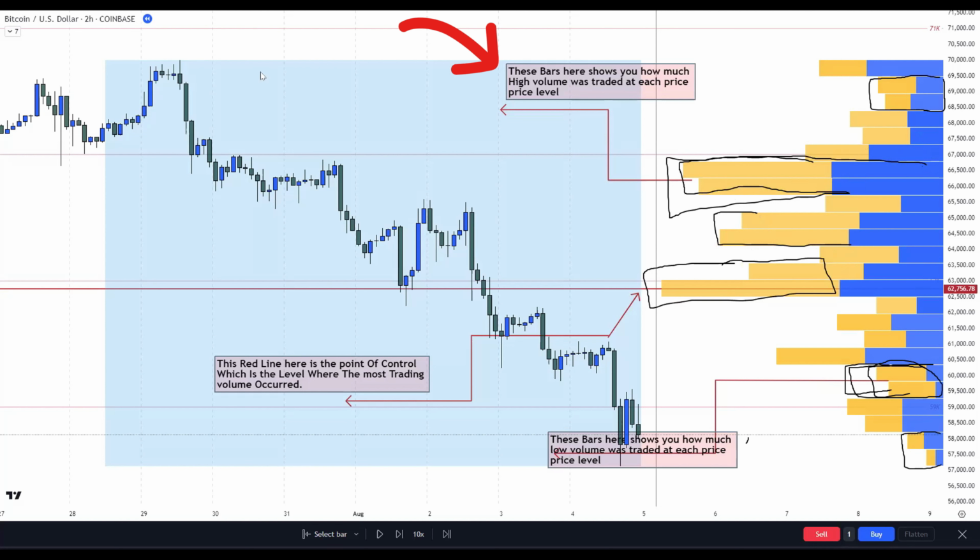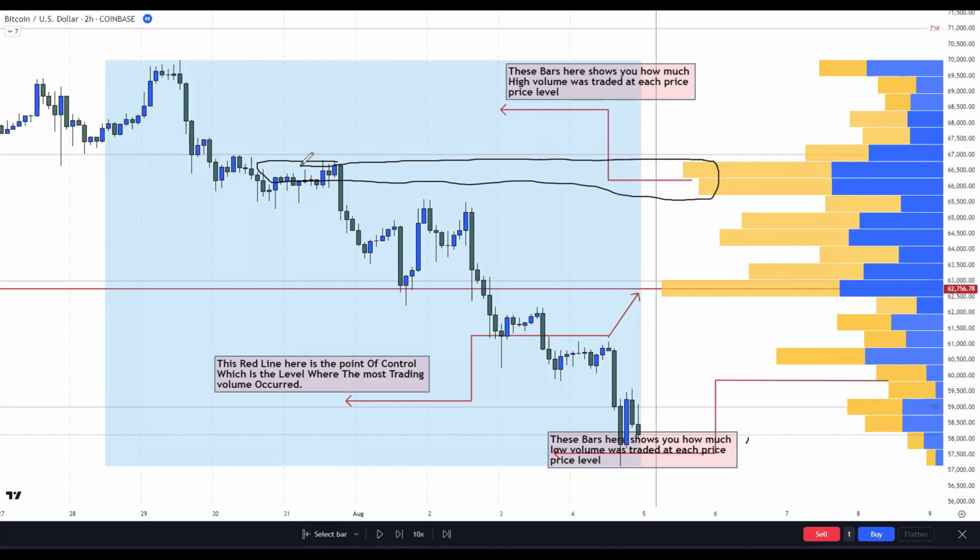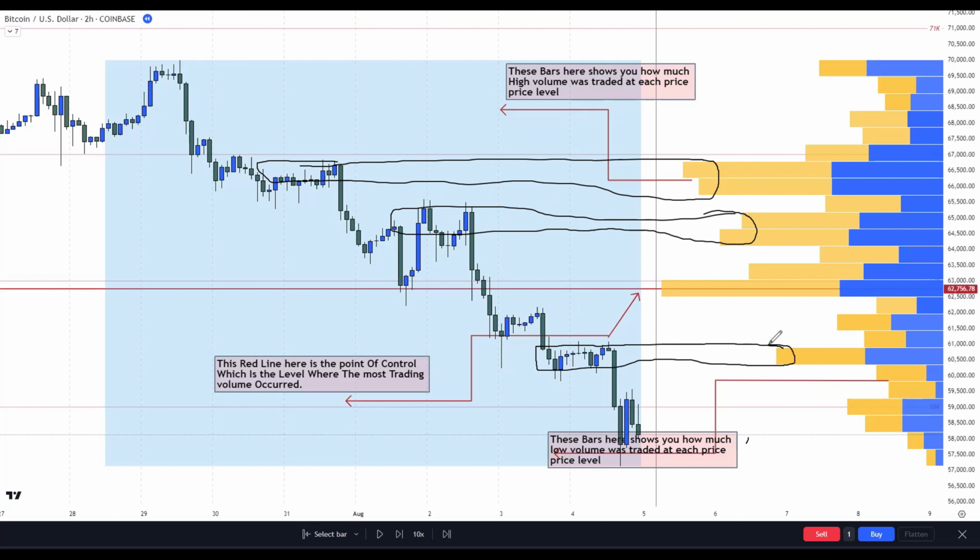When we take a deep dive into this, we can clearly see that wherever we have high trading volume, that's where we see a lot of activity happening around that price level. You can see from here, high trading volume, a lot of activity happens here, and here as well.